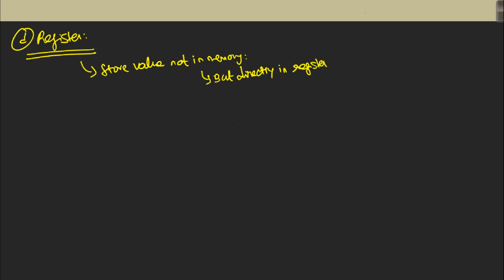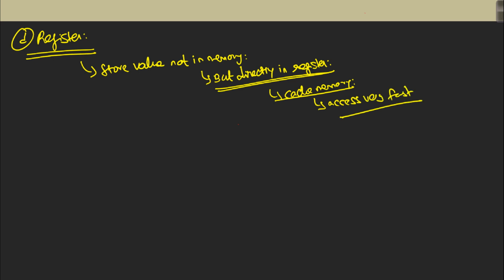When you are directly storing the value in register, it is like a cache memory. So you can access it very fast. This is the only purpose of the register variable.